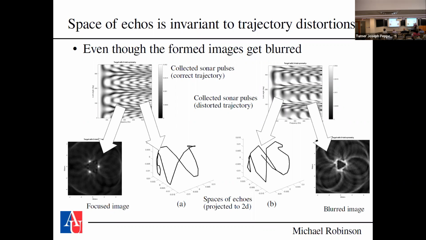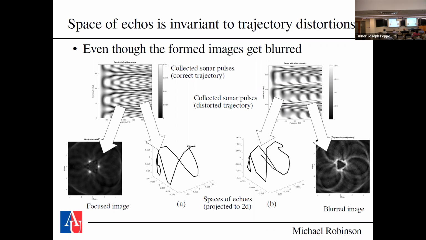And what I've done for you is form up images using time domain back projection, which is my favorite technique for this sort of thing. You can see on the left, with no distortions, that you get a nice focused image. On the right, you get a blurred image because the trajectory is not what I said it was. But if you look at the image, the space of pulses, they look pretty similar.